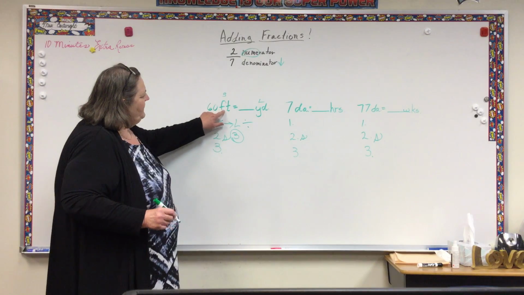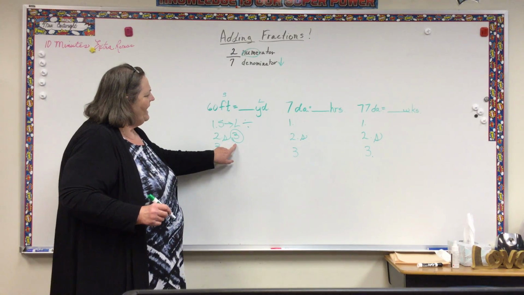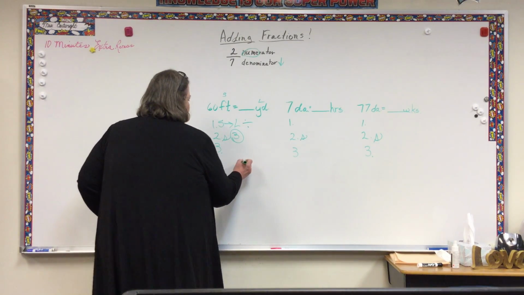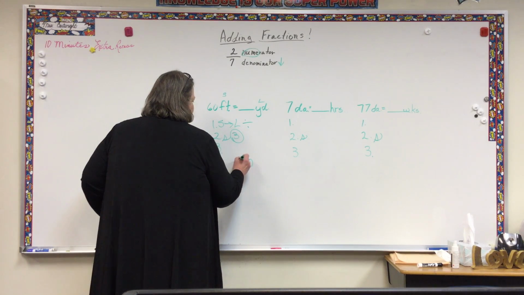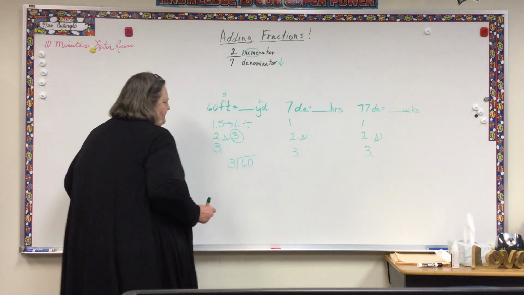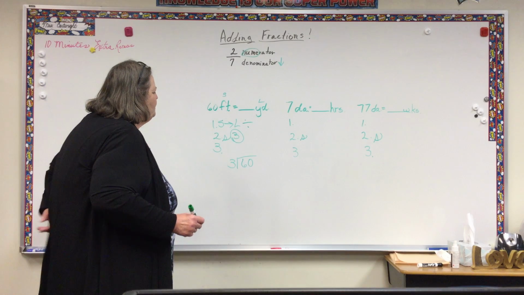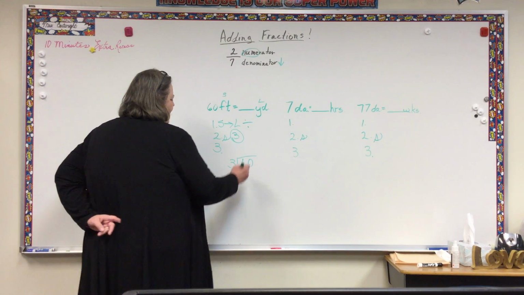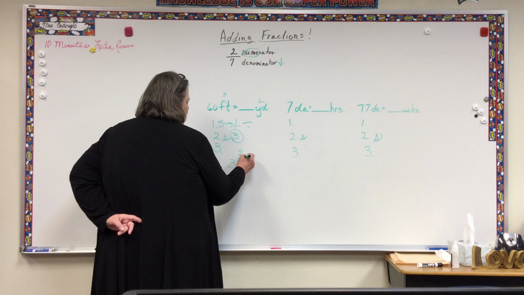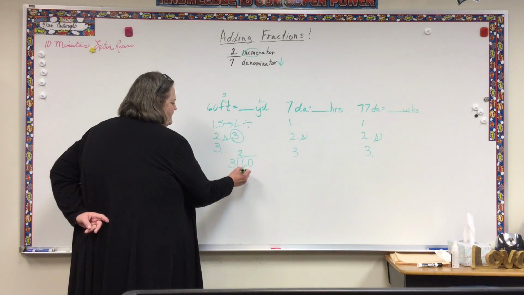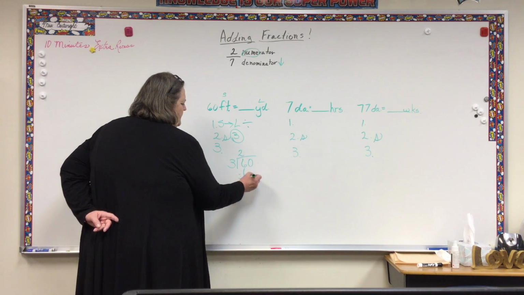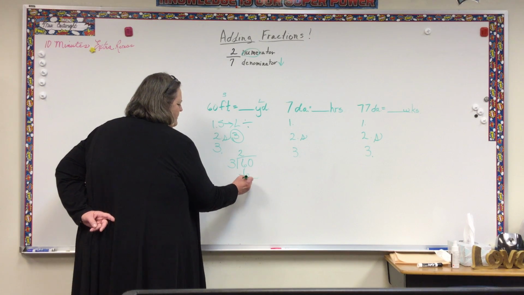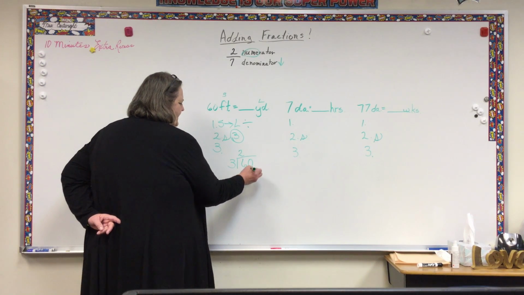And then this just tells us what we do. We take 60 feet and divide it by 3. So 60 divided by 3. So 3 will go into 6 how many times? Yes, 2. 2 times 3 is 6. 6 from 6 is 0. 0 is less than 3.